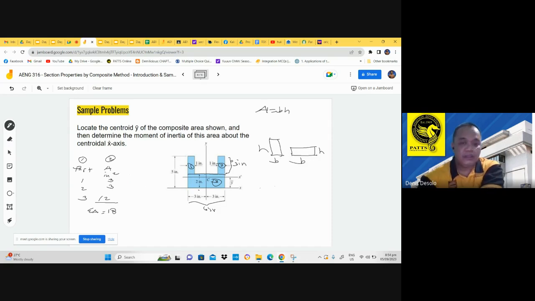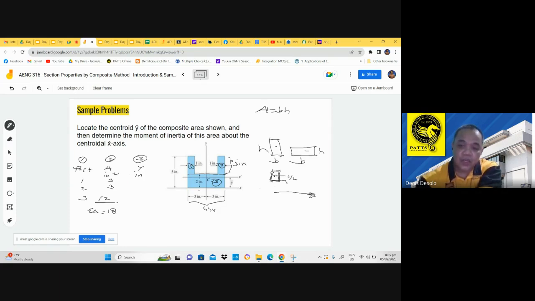The third column is where we determine the position of the centroid above the axis. We already know the formula for the centroid of a rectangle: vertically, it is always 1/2 of the height. But since our reference is the x-axis, for example, for parts 1 and 2, from the centroid towards its base is 1/2 of the height.